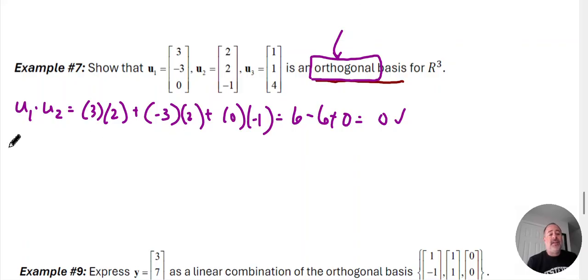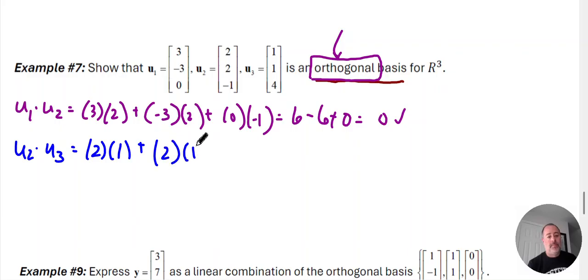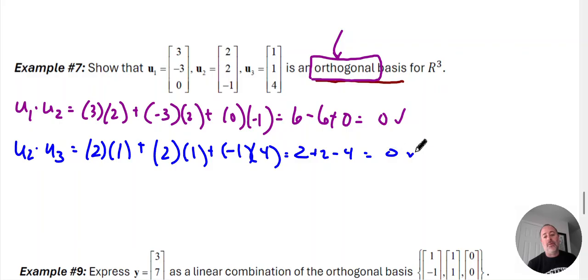Again, it gives us the idea that we already know what our answer is going to end up being here. And then we dot product U2 with U3. So we're going to do 2 times 1, and then 2 times 1, and then we multiply -1 times 4, and we get 2 plus 2 minus 4, which is going to give you, again, 0.